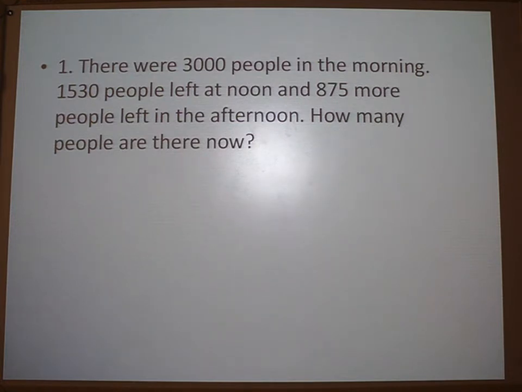And the second line, 1,530 people left at noon. So, do you know which word is the key word? It would be left. What does left mean? Left means fewer people. That means minus.